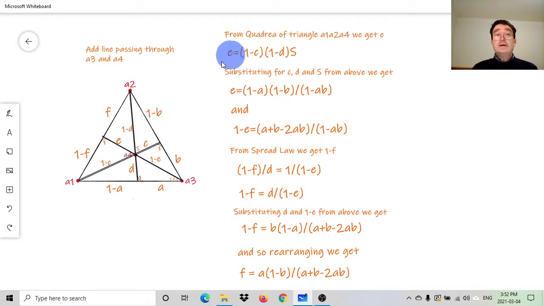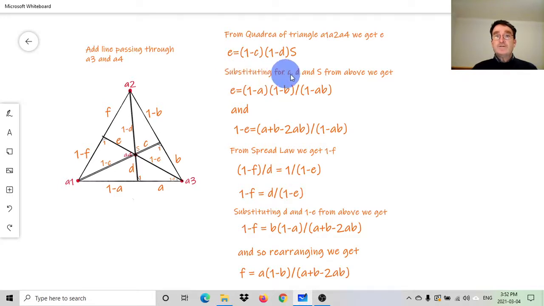So E is the quadria of this projective triangle A1, A2, A4. By the formula for the quadria of that triangle, it's this side times the spread S times the quadrance of this side. So it's 1 minus C times 1 minus D times S.